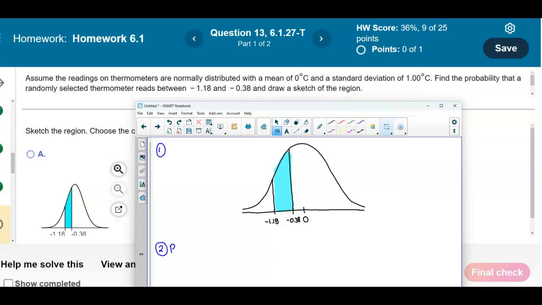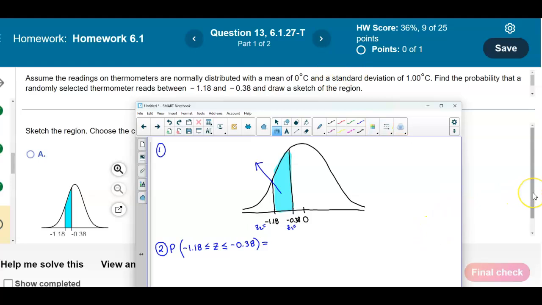So we're finding the probability of when the z-score, or the area, is in between negative 1.18 and negative 0.38. So we want to find out what the area is here. We can say that this represents z-score 1, and that would represent z-score 2, just so that we can note that.